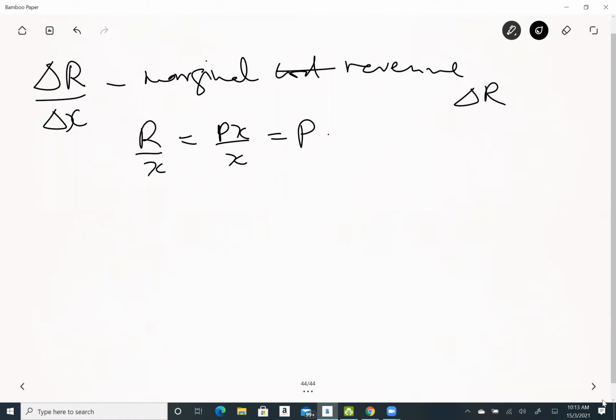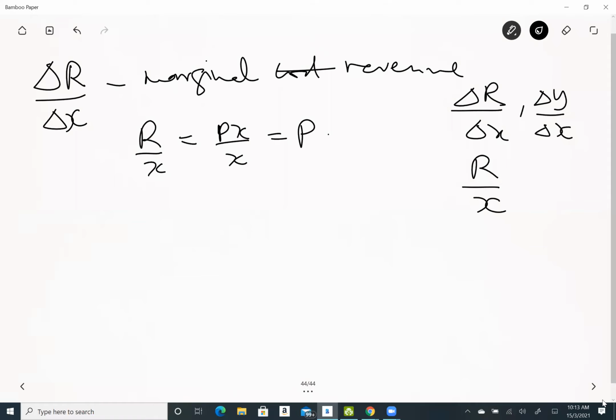Delta R over delta X, or delta Y over delta X, is the slope, or the marginal. So when you divide simply the quantity by the quantity, it's not the change over the change, it's just quantity over the quantity. So what is it?